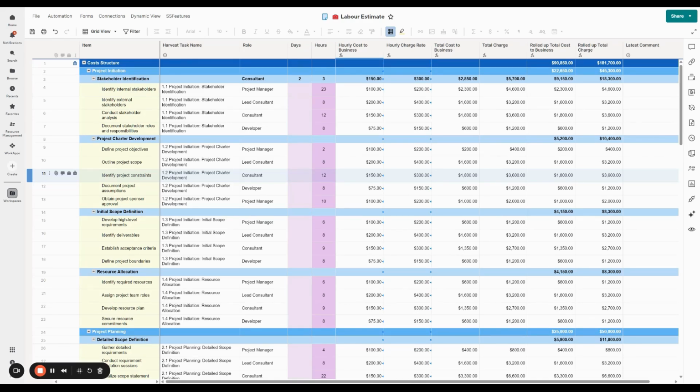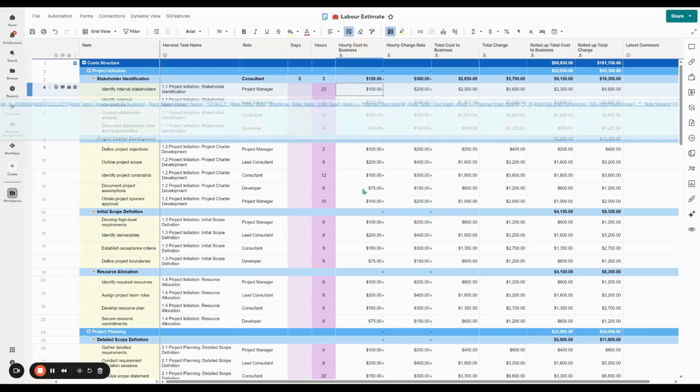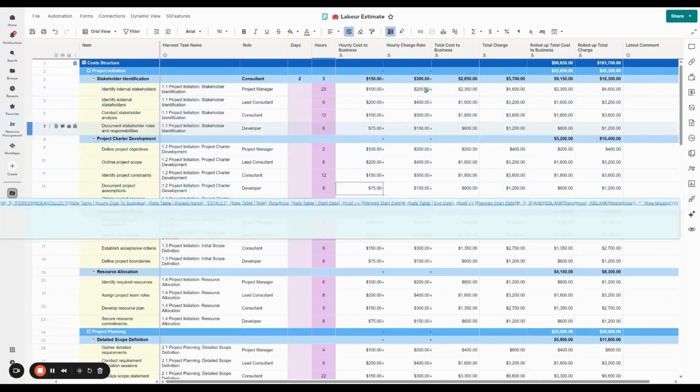And to do that, they would lay out a high level work breakdown structure.